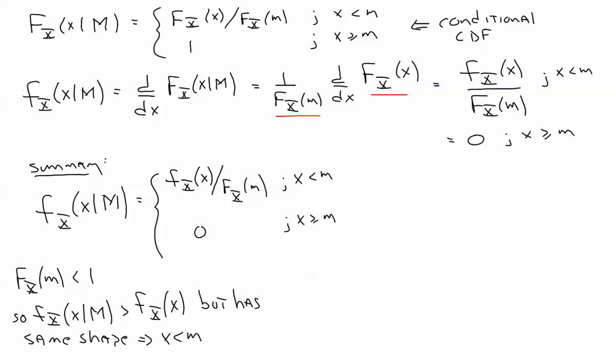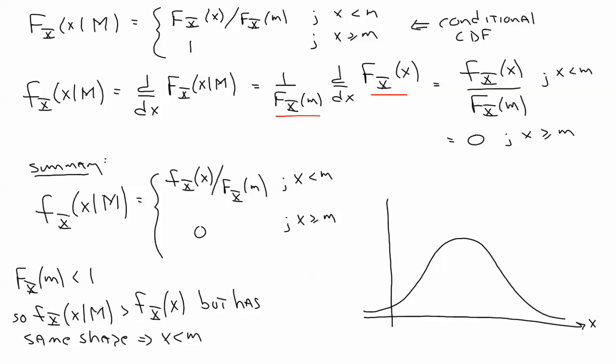All right, so let's sketch that out a bit. If this black curve happens to be my non-conditional PDF, all right, and let's say this is value little m. Above little m, my probability density function, that's supposed to be 0.